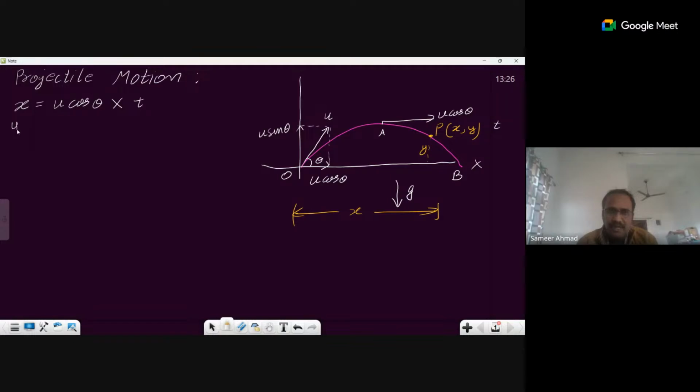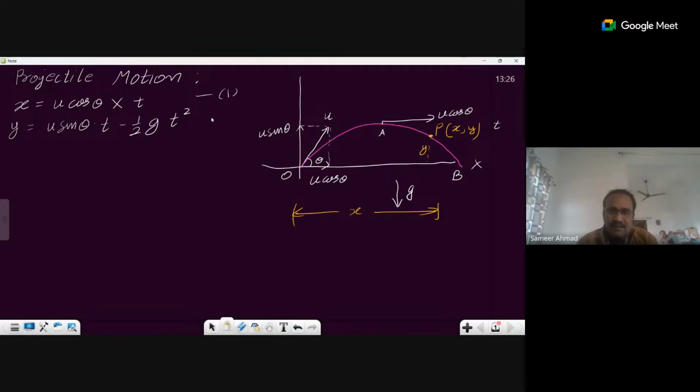So y is equal to u sine theta into t minus half g t square, where t is the time instant and g is the gravity acting vertically downward.